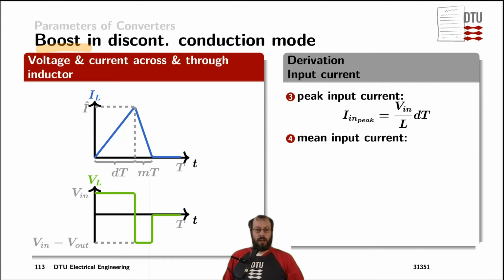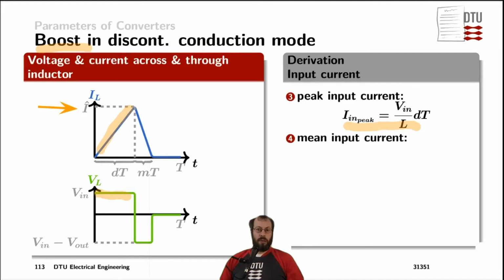During the on time of the switch, we have the switch connected in parallel with the input voltage, the DC voltage source at the input, and we have Ohm's law across the inductor being rewritten over here, again representing the derivative of the triangular inductor current.